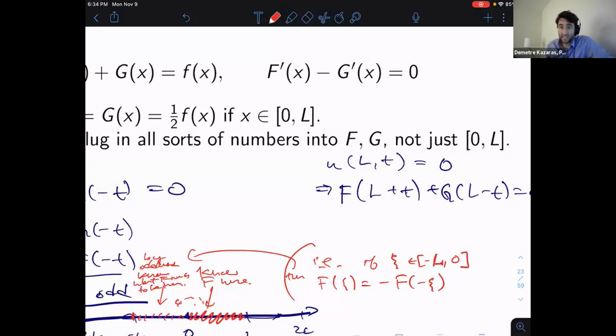And now minus c is in between 0 and L, because c was in between minus L and 0. And so that is just minus 1/2 little f of minus c. So that tells me what capital F is on that negative little chunk. That's why I colored it in. We know what it needs to be there.